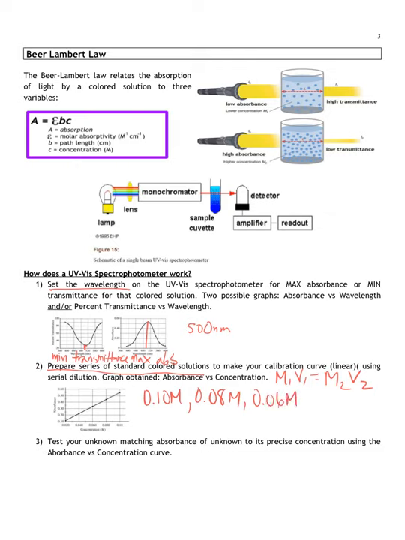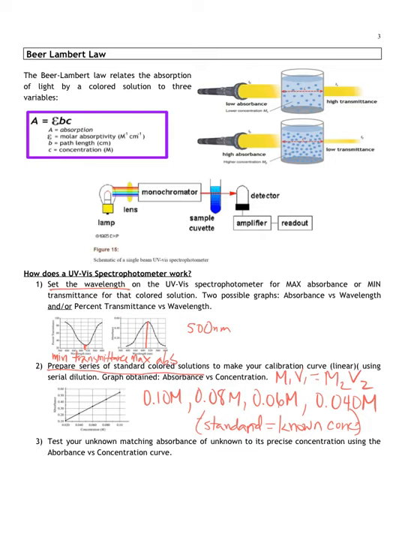So you're creating this linear relationship as you dilute these specific known concentrations, and this is what is meant by standard color solutions. Standard means it's a known concentration, and you're measuring the absorbance of the known concentration. You will hear this word again when you go into titrations as well, which is acid-base, our last unit of the year.